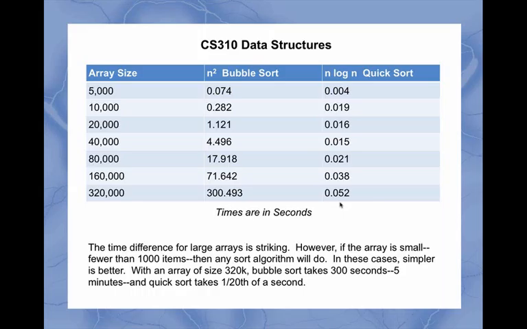So if you're going to sort an array that's never larger than, say, a couple of hundred elements, then the times will be less than 1/10 of a second no matter which algorithm you use. Then it isn't really going to matter. And in these cases, simple code is better than complex code. However, if the array size is unknown or large, then you want to avoid these slower algorithms.